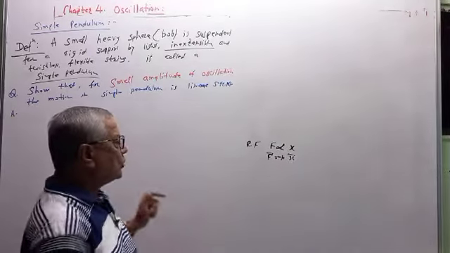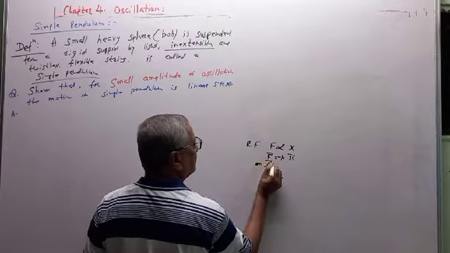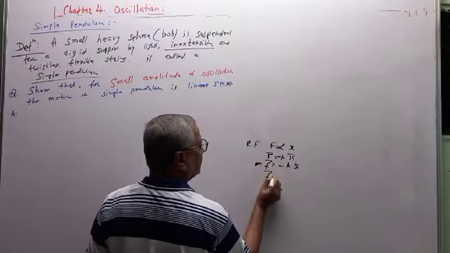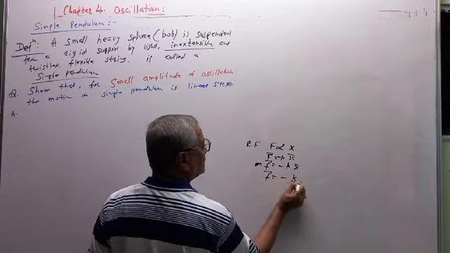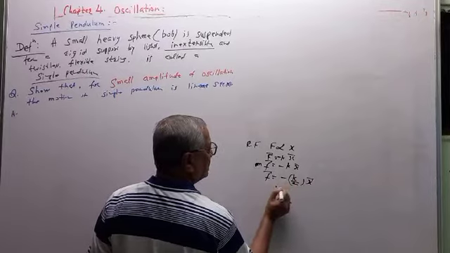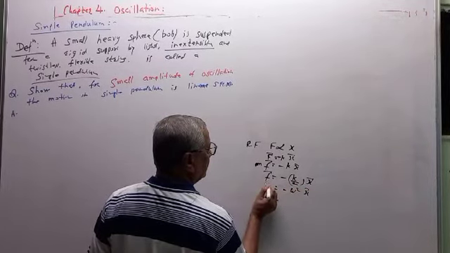Now, this force is also given by mass multiplied by acceleration. So acceleration: F equals minus k by m times x. This minus k by m we have replaced by omega square, a constant quantity.